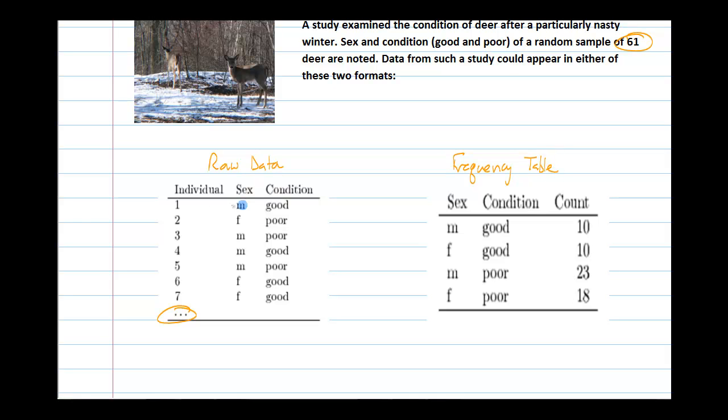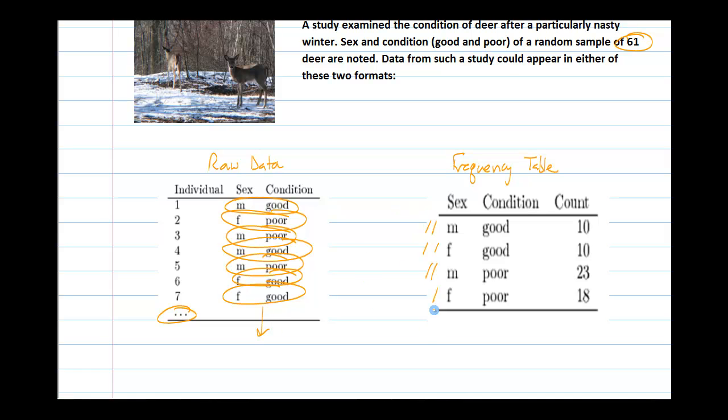So for instance, individual 1 was a male in good condition, and so we'd make a tick mark here. Individual 2 was a female in poor condition, so that tick mark would go over here. Male poor, male good, male poor, female good, etc. And we would continue this pattern until we had looked at all 61 deer.